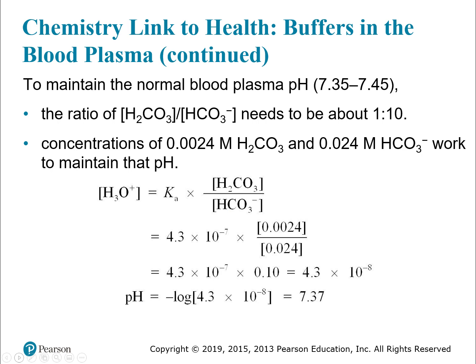So we said the pH of blood plasma is somewhere between 7.35 and 7.45. That means the ratio of acid to conjugate base needs to be about 1 to 10. It's a little bit on the basic side, just slightly basic. The concentrations of these things in our blood are 0.0024 molar and 0.024 molar.